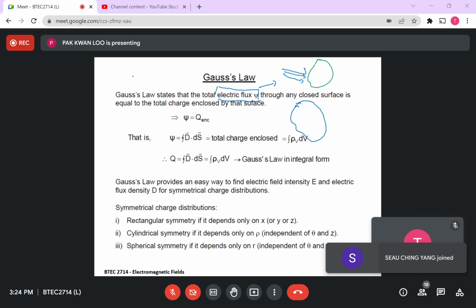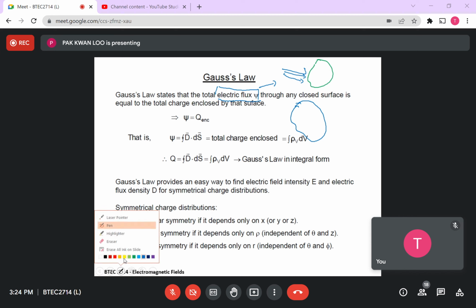This is the Gauss law statement: the electric flux through any closed surface is equal to the charge enclosed, and therefore the electric field multiplied by the surface area is equal to the charge enclosed.